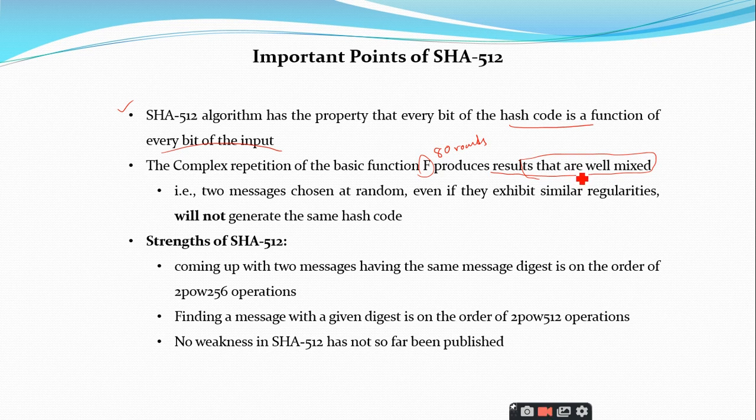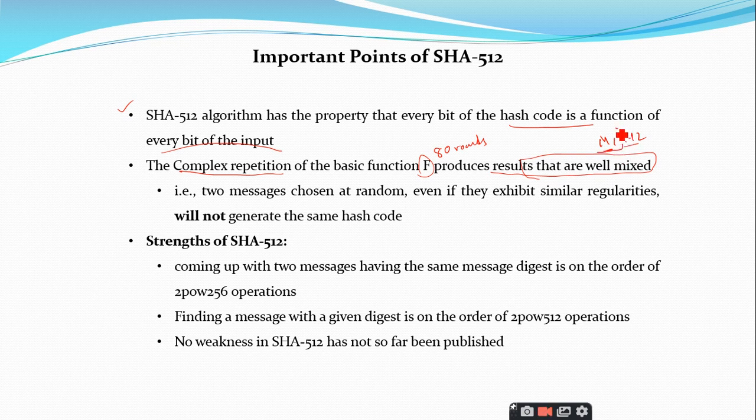That means if you take two messages at random, M1 and M2, assume that these M1 and M2 are almost similar, they have some regularities. But even then, because of the various complex repetition operations inside each and every f function, we get a result which is not the same hash code.